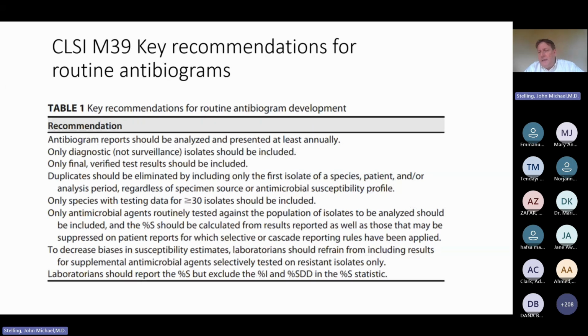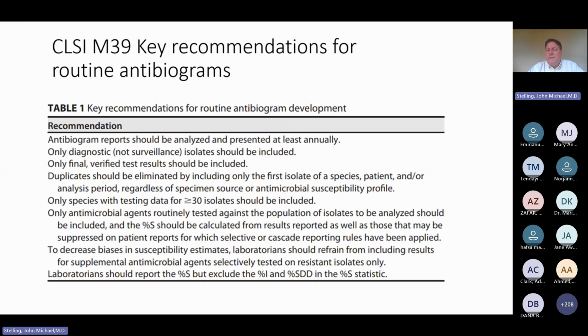Janet Hindler and I and other collaborators with CLSI have done some PubMed publications that you can actually access online. And this table comes from one of those free documents. And I'll show you how to find those documents later. So these are publications summarizing some of the key M39 recommendations. I'm not going to mention all of these, but just a few.